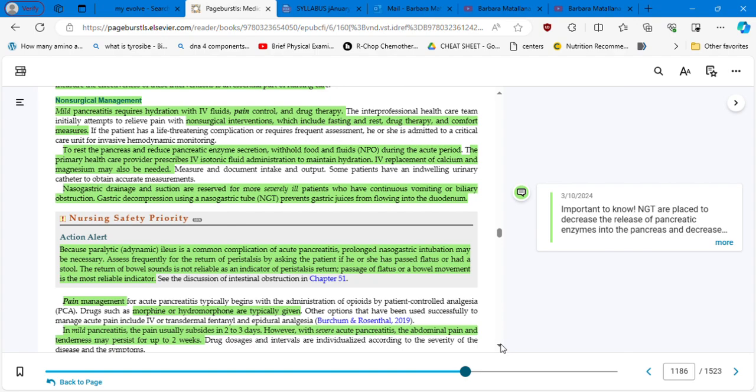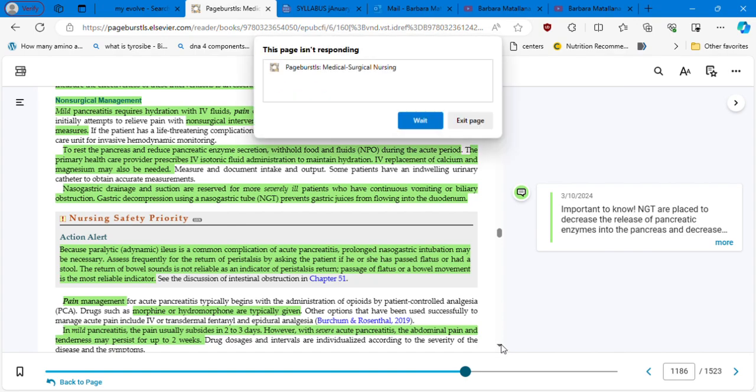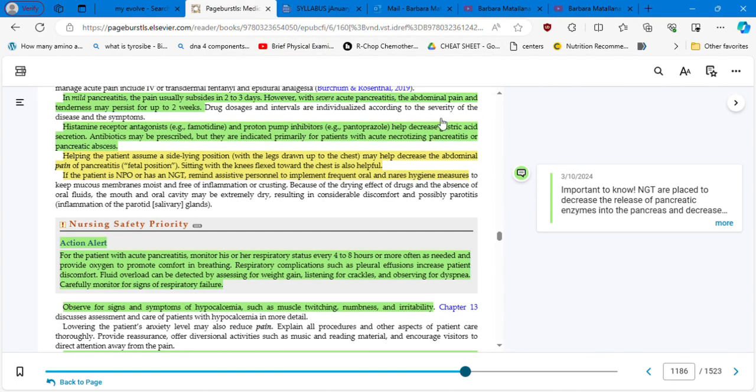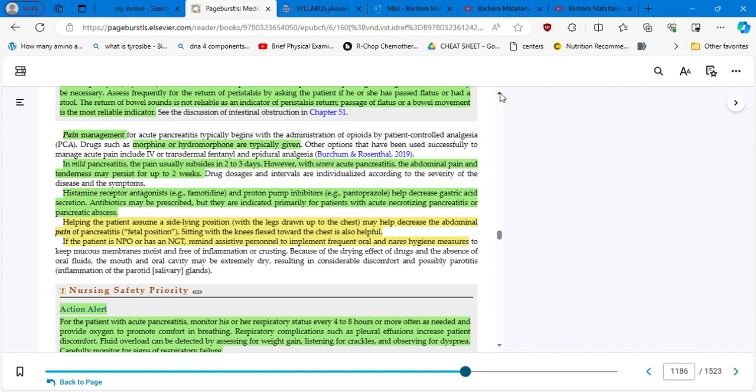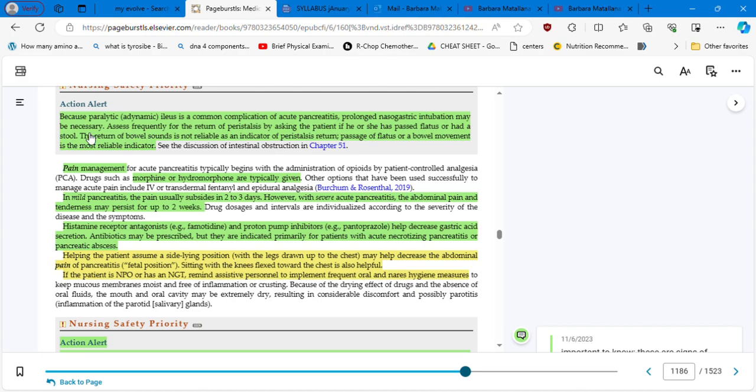Passage of flatus or a bowel movement is the most reliable indicator. And that's something that I really want to emphasize. Sometimes we understand that the bowel is working properly when we see a stool, a bowel movement, right? But the most reliable indicator is passage of flatus.